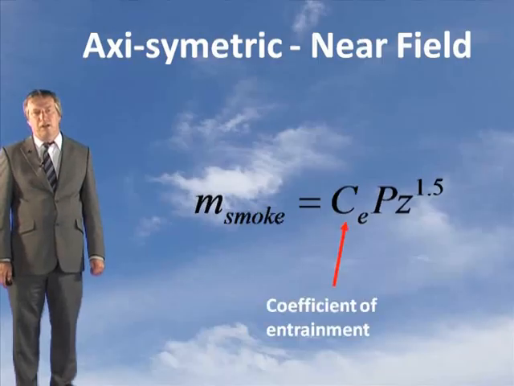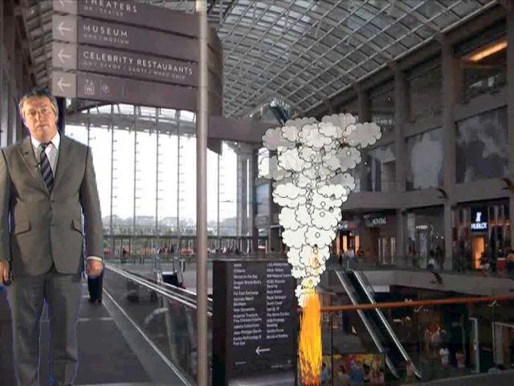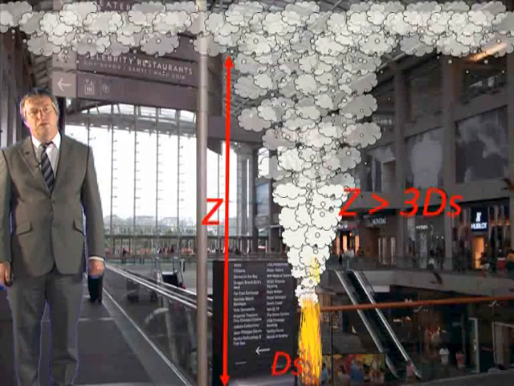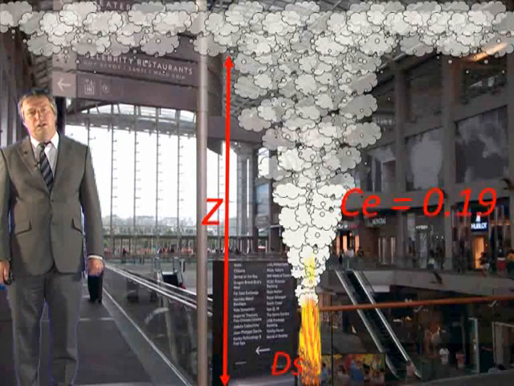Right, now let's have a look at the coefficient of entrainment that applies to this formula. This coefficient of entrainment has a number of different values it can be given, which predominantly depend upon the height of the clear layer compared to the largest dimension of the fire source. If the height of the clear layer, Z, is more than 3 times greater than the longest dimension of the source fire, then the coefficient that should be used is 0.19.